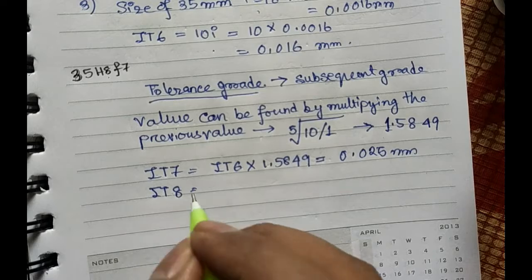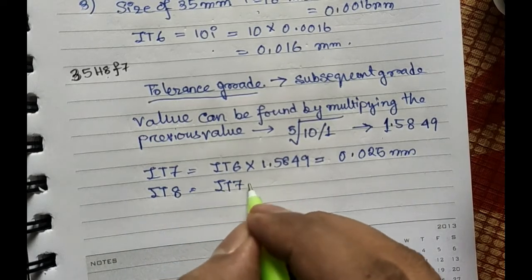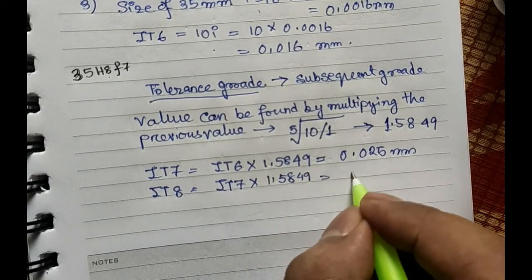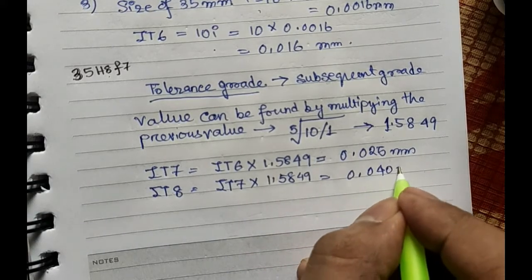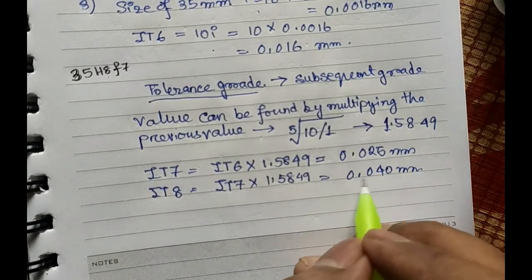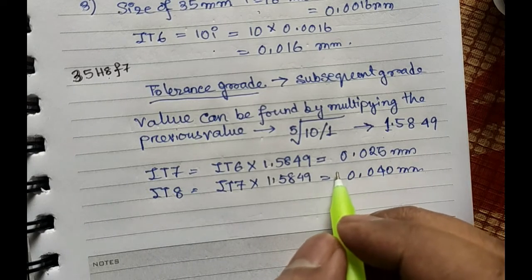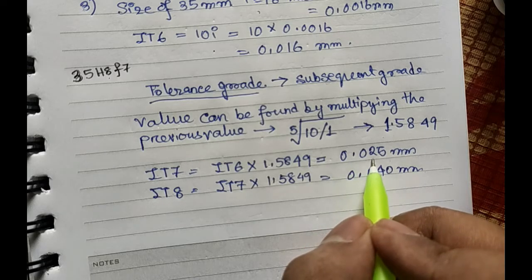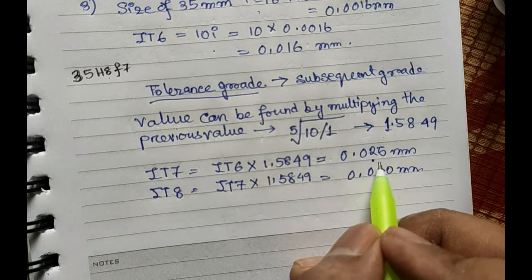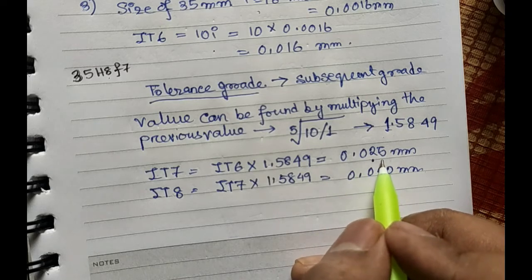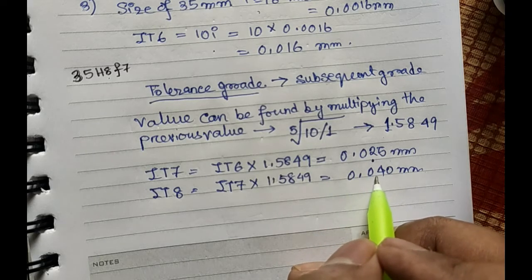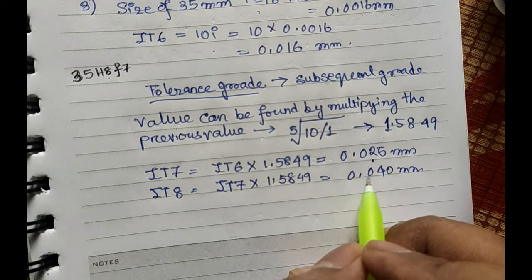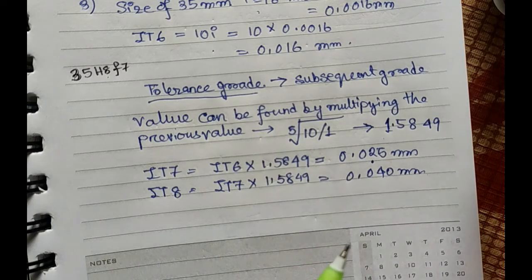Then IT8 will be IT7 into 1.5849, and that value becomes 0.040 mm. We are rounding off the values; the actual values are something else, like 0.0253, which we round off to 0.025, and 0.0396, which we again round off to 0.040.